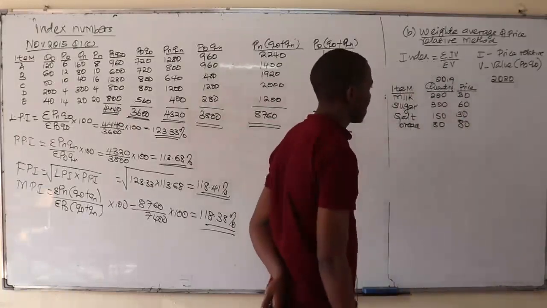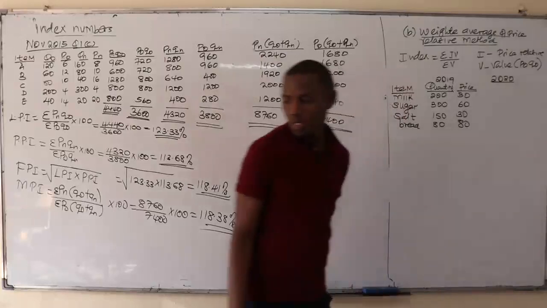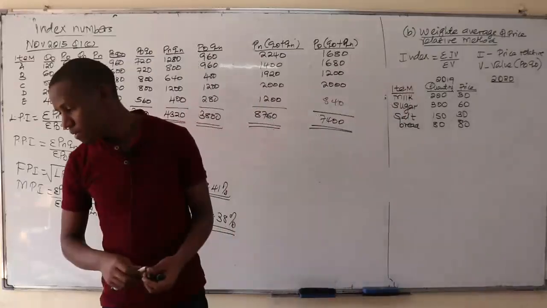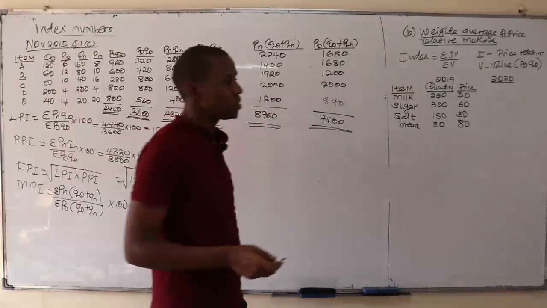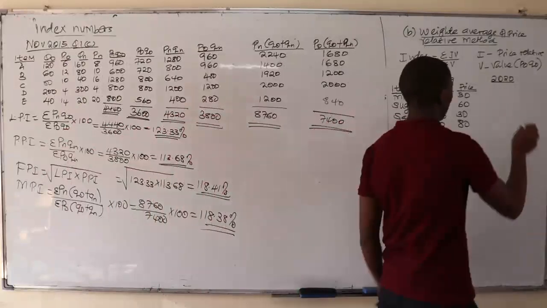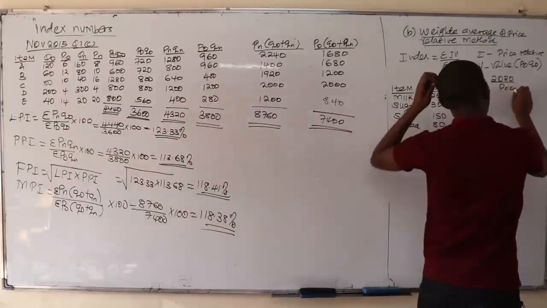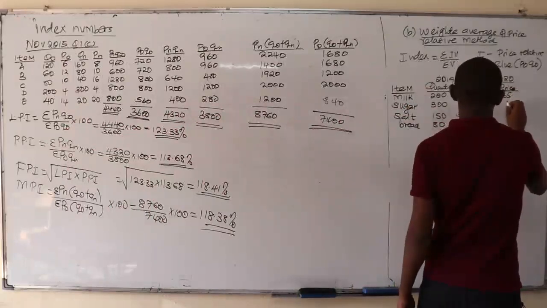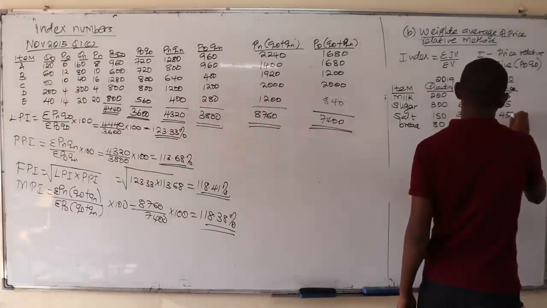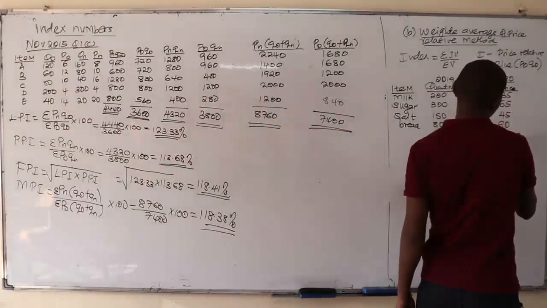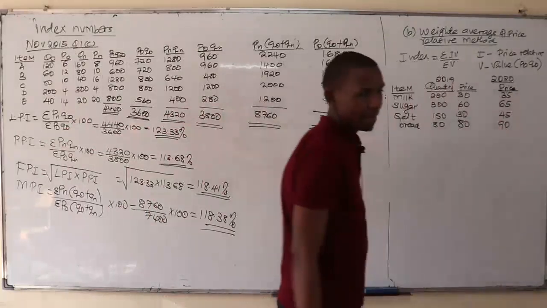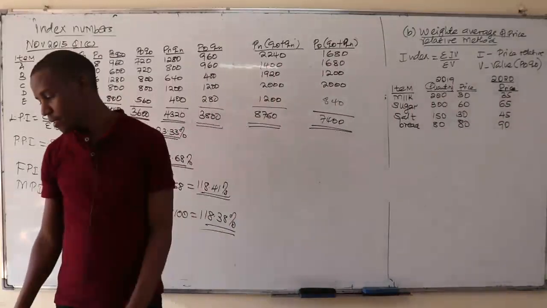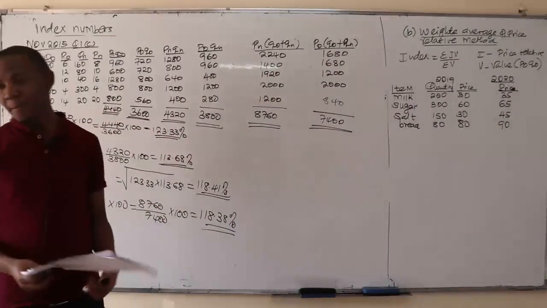Then in year 2020, I will only have the price. In this case, I can have 35, 65, 45, 90.